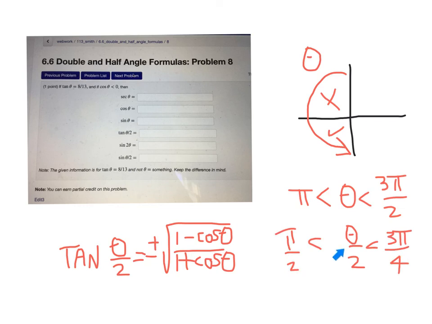So that tells us that theta over 2 is between pi over 2 and 3 pi over 4. So theta over 2 is in the second quadrant, greater than 90 but less than 3 pi over 4. So since theta over 2 is in the second quadrant, that's where the tangent is negative, right?